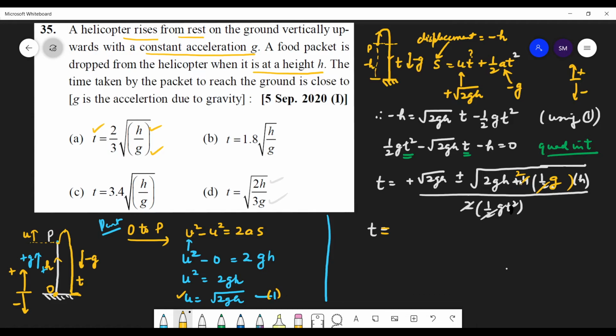तो यहीं से बन गया 2gh, और so that's under the root 2gh प्लस, यहां भी टी स्क्वायर नहीं आएगा ऑफ कोर्स, नीचे हाफ जी आएगा सर.